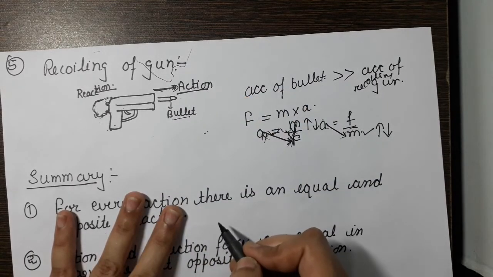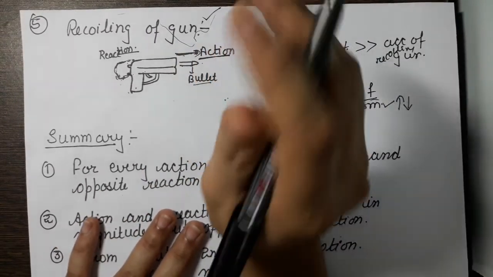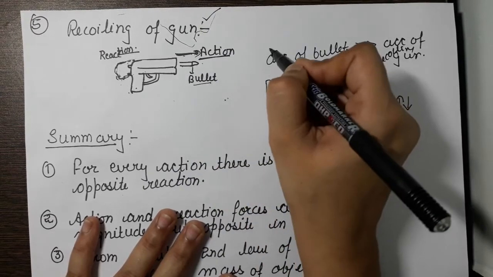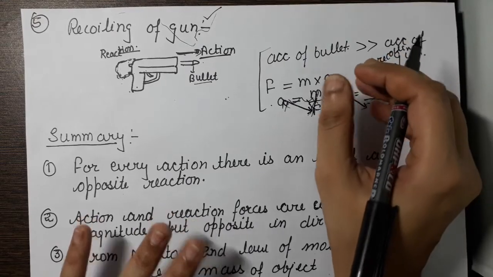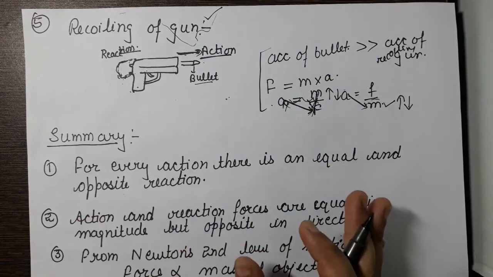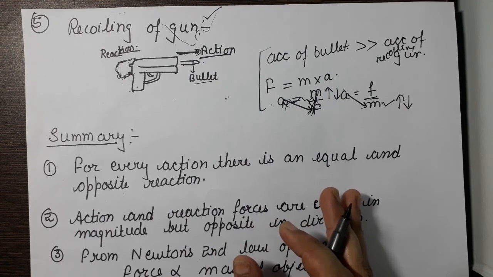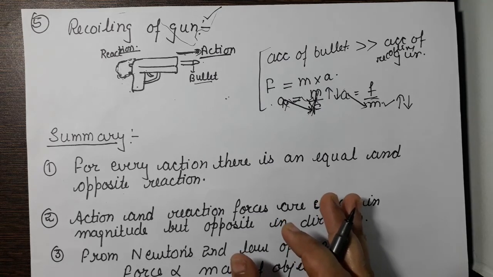So this is also an example of Newton's third law of motion, but we can also explain some aspects of this example with the second law. In Newton's first two laws, we discussed how force can change motion and how we can calculate the motion.